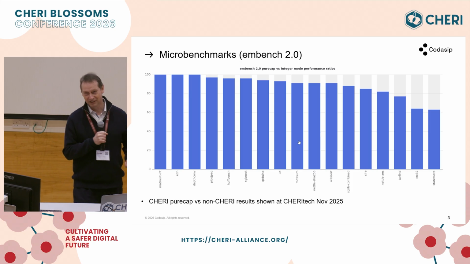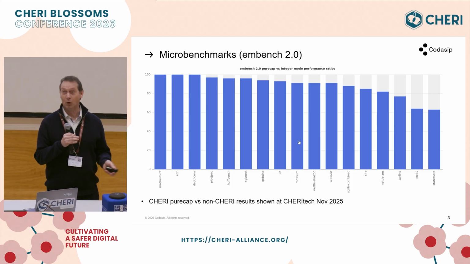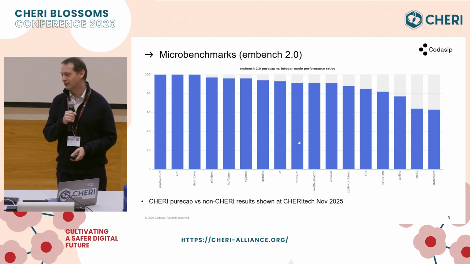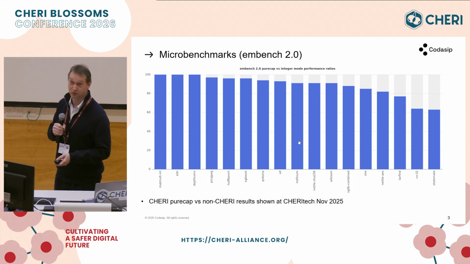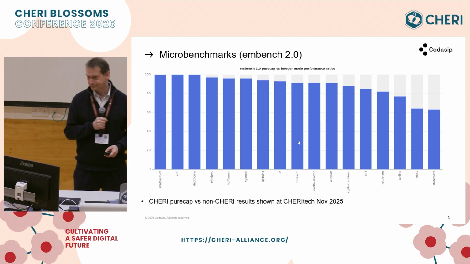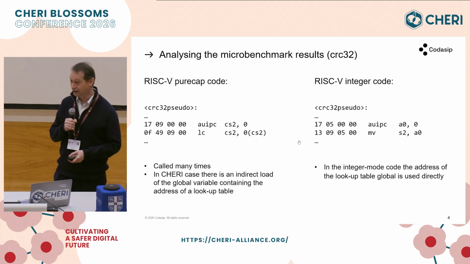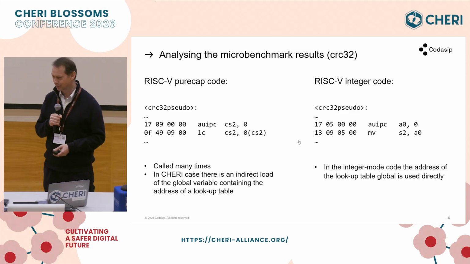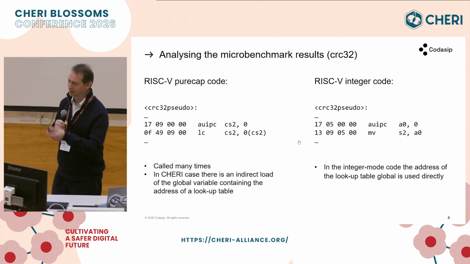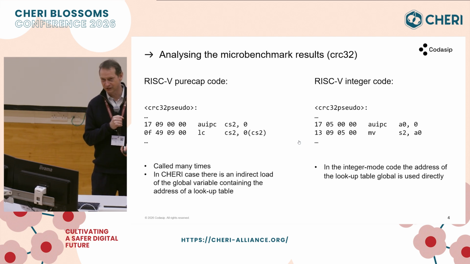There was a question on the last talk about the cause of this, and we speculated at the time it was to do with global variable handling. We dug into the code a bit more and it actually was global variable handling. We picked one of the benchmarks, CRC32.